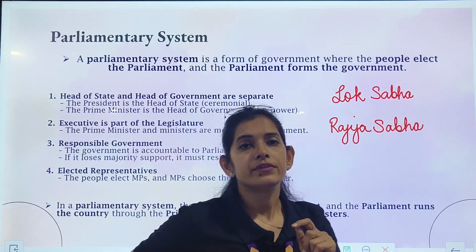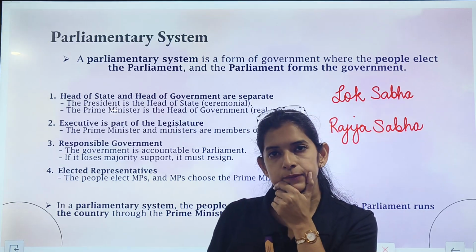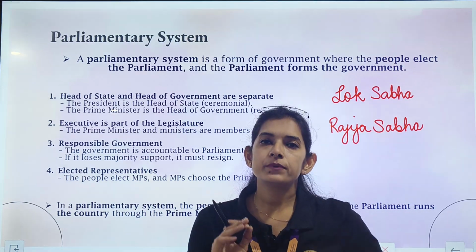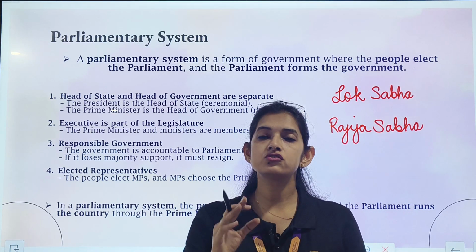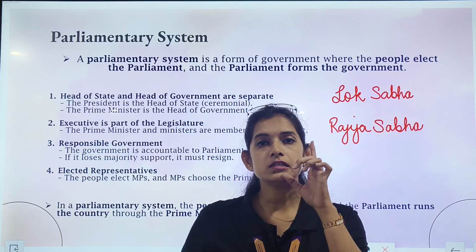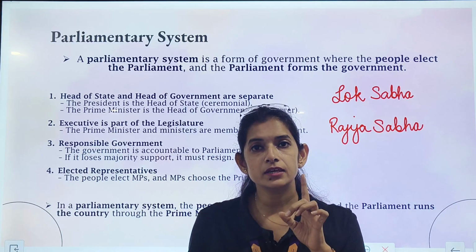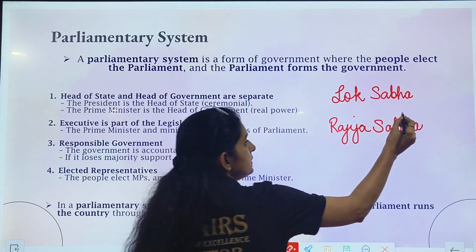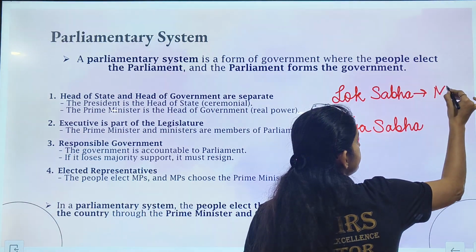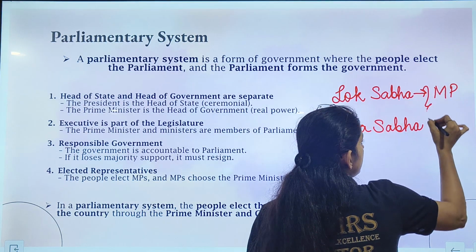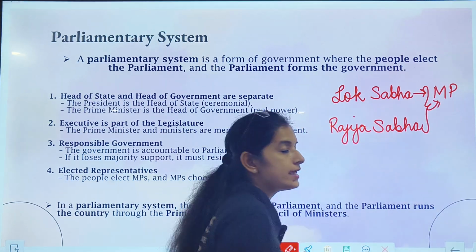Clear? Now, the question arises: who would be sitting in the parliament? The people who belong to the majority party sit in the Lok Sabha. Clear? And those people are known as MPs. What are they known as? They are known as MPs.